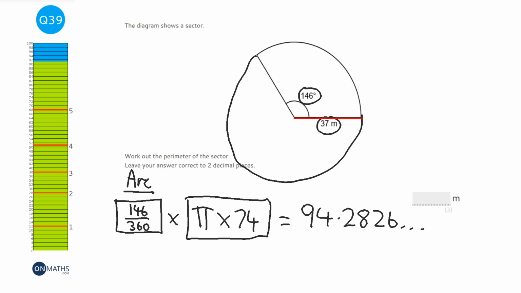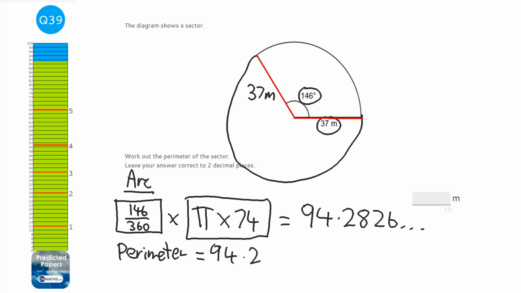Now that's for the arc length, but we also want to know what this distance here is. Well, we've already got that one. And what this distance here is. Well, they are both radiuses, or radii we call it. So that's also going to be 37 meters. So to work out the perimeter, I'm going to keep the 94.2826 in my calculator, and I'm going to add 37 and add another lot of 37.